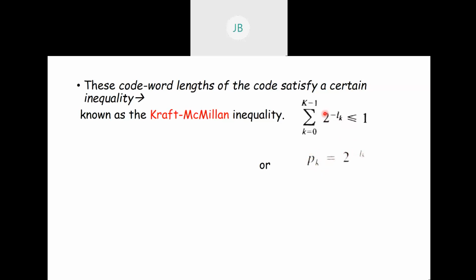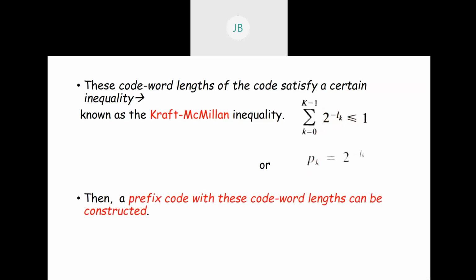If you replace this by pk here, what do we get? The summation of probabilities is less than or equal to 1. That's also true. So we can have a direct mapping between 2 power minus lk and pk. Then the prefix code with these code word lengths can be constructed.